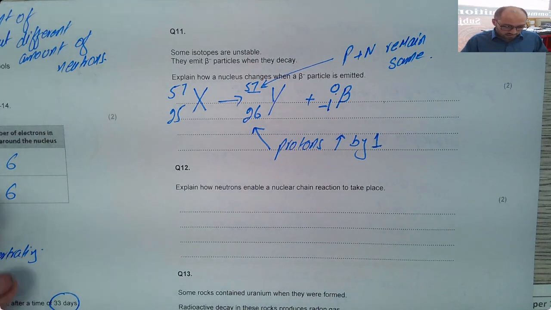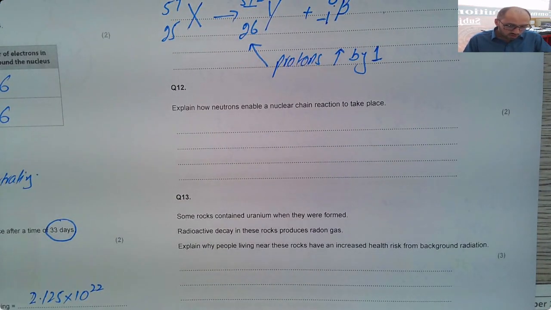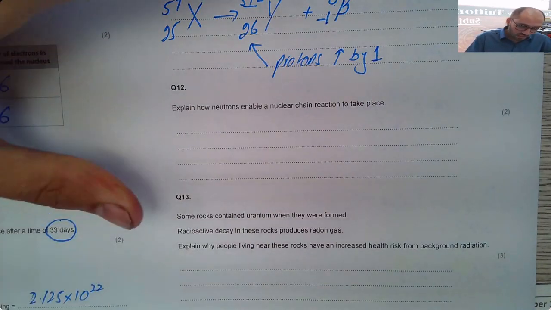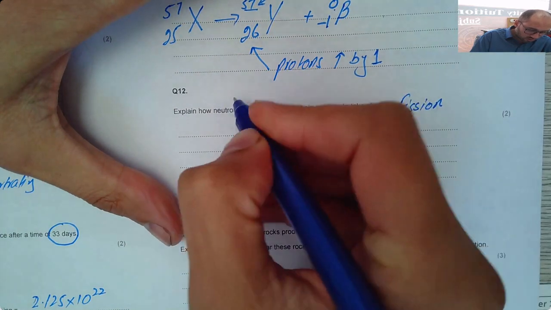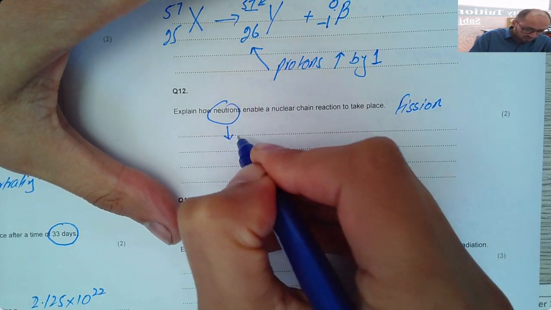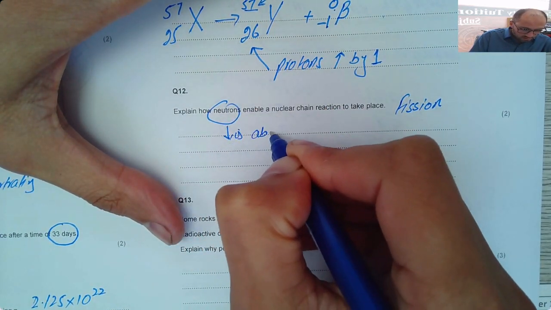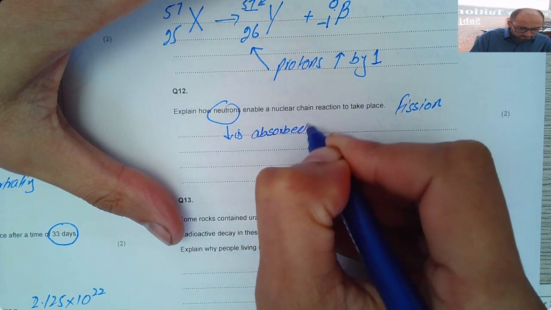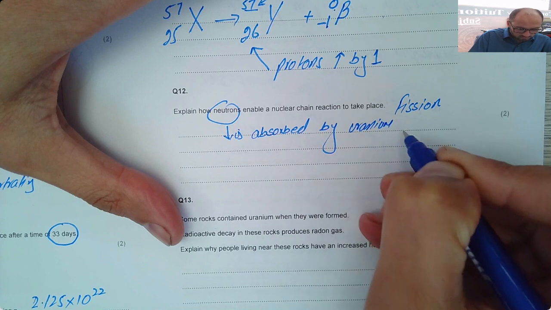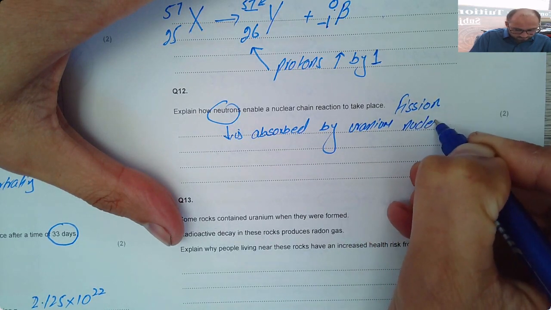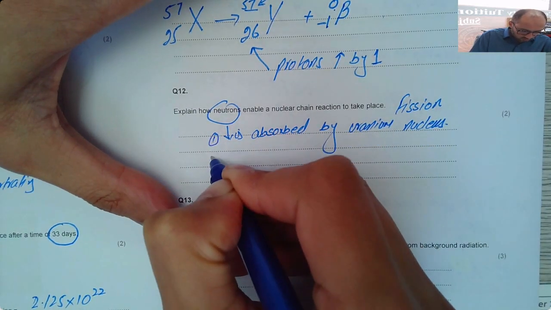Next question. Explain how neutrons enable a nuclear chain reaction to take place. Now this is about fission. What happens, number 1, this neutron is absorbed by uranium nucleus. Number 2, then what happens?